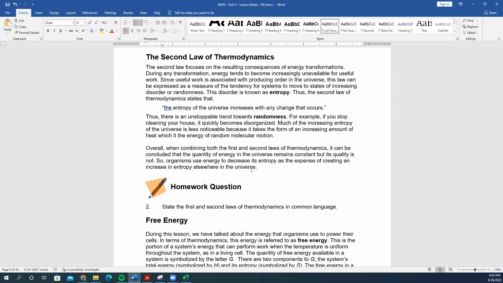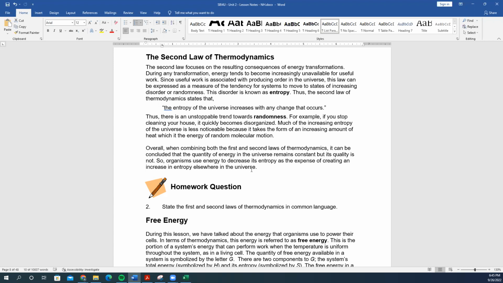In any transformation, energy tends to become increasingly unavailable in the form of useful energy that can actually be used to produce work. And since useful work is associated with producing things that are in order in the universe, this law can really be expressed as a measure of a tendency for a system to go towards an increasingly chaotic, disordered, and random state.